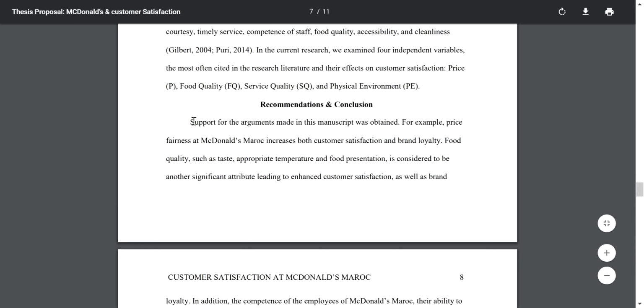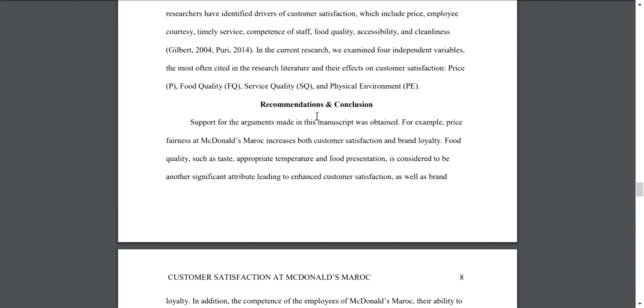So from your SWOT analysis of BMW, of Apple, of Mercedes-Benz, whatever company that you selected, and the issue that you provided a review and analysis of, then what do you recommend?